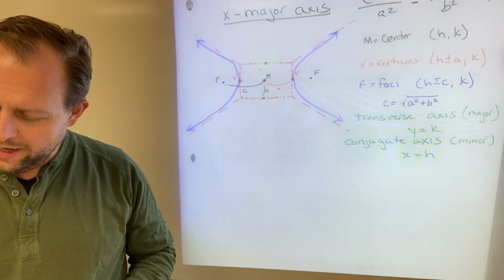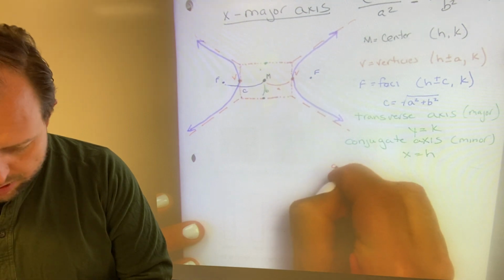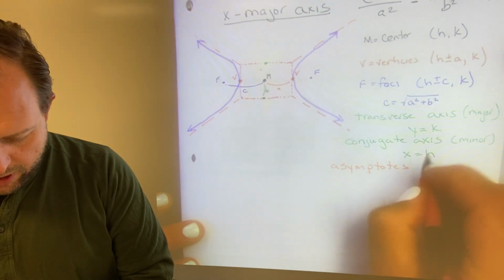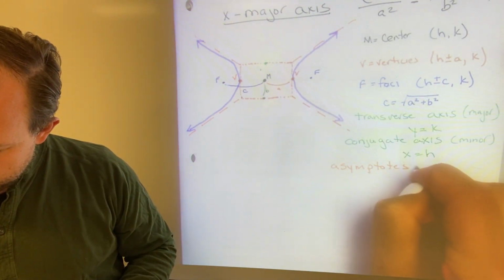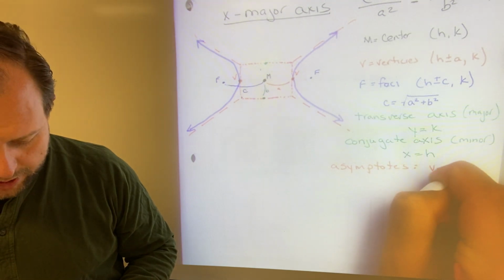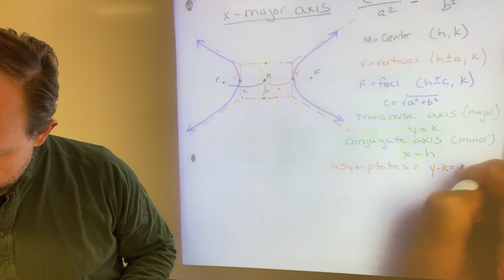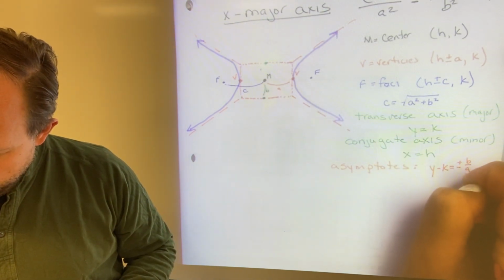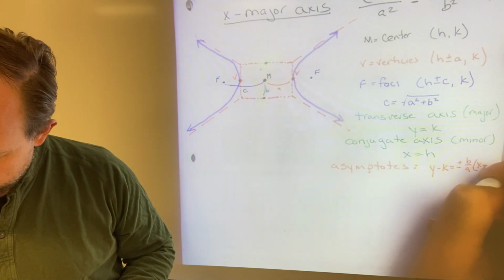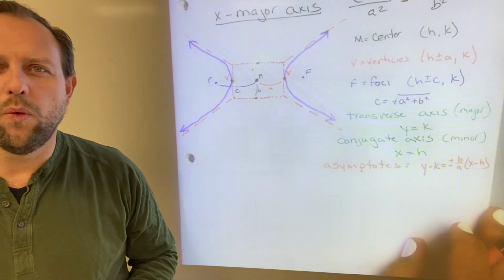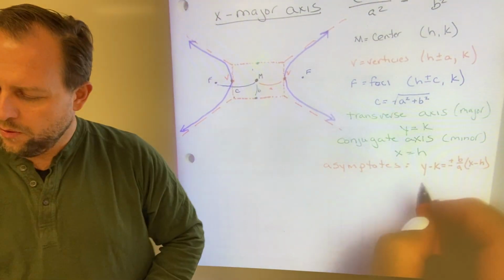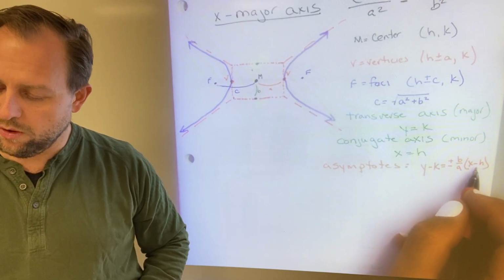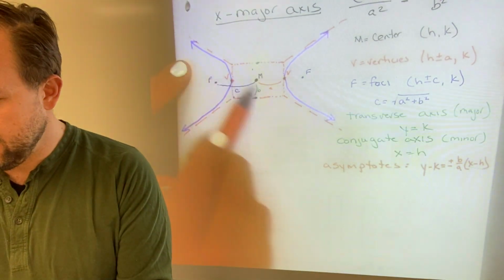And the last one here are the asymptotes. And that equation is y minus k equals plus or minus b over a times the quantity x minus h. And you're like, what is that? Well, it's a line, and it's these diagonal lines.